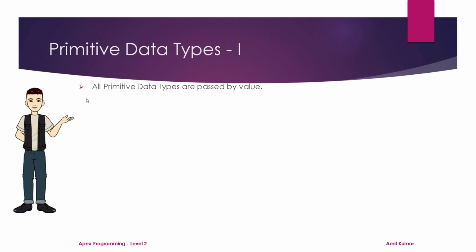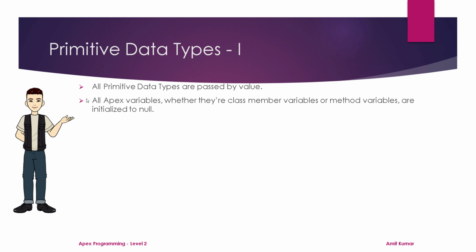That means whenever you are assigning a primitive data type to another of the same type or compatible one, you are actually copying the value of one into the other. So you will understand it in more detail, but right now just try to remember that primitive data types are passed by value. All Apex variables, whether they are class member variables or method variables, are initialized to null.